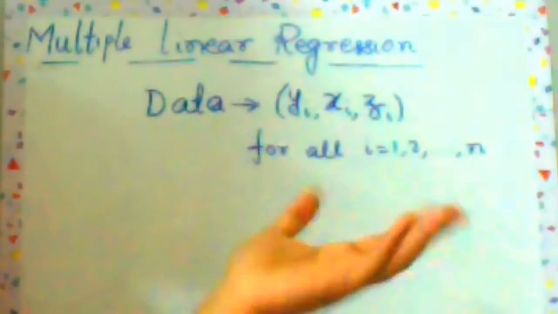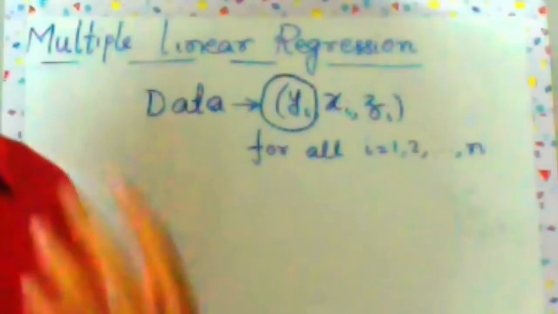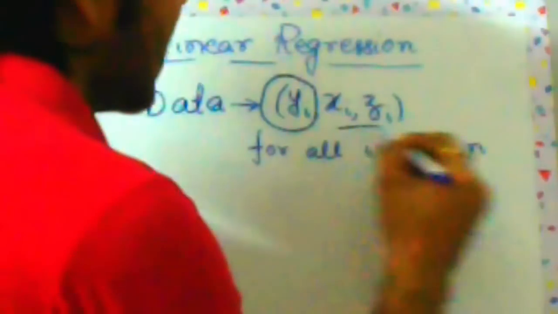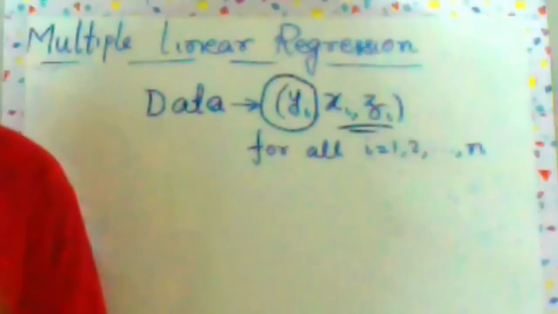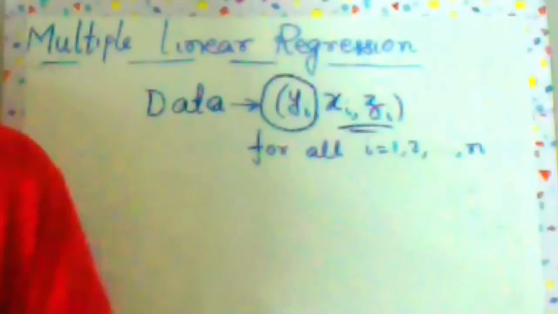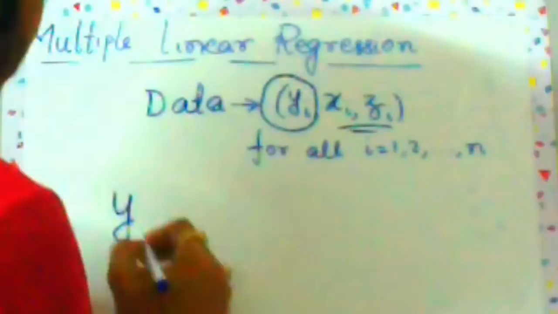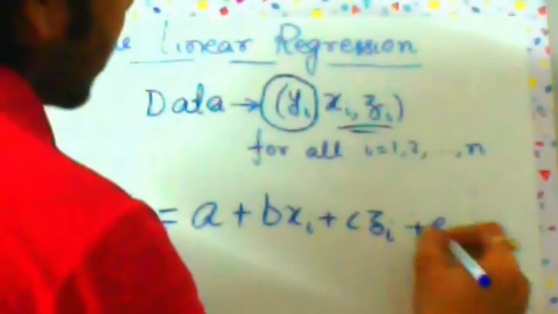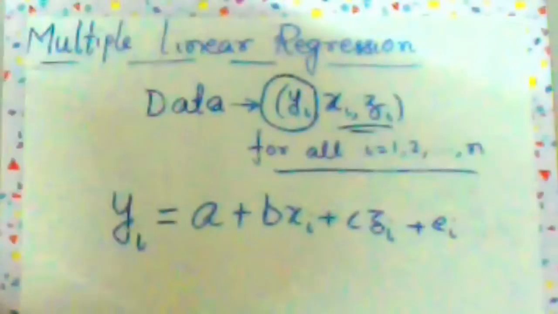So this is your data. Now once you have this data, y is the variable which you want to predict, and x and z are your predictors. So you can put in the model in such a way that x and z are to one side, as we just saw before. So if we plug this thing in the model, you will get this, and this i varies for all i equals 1 to n.